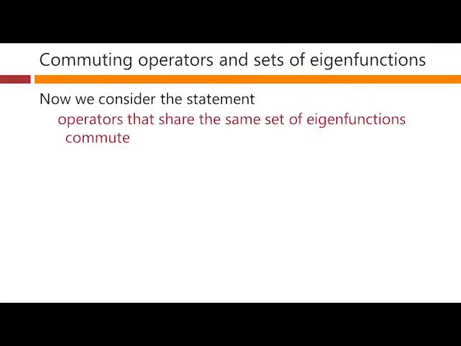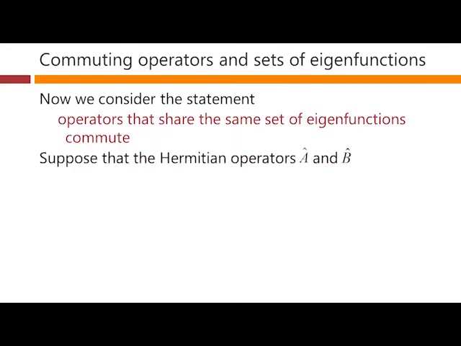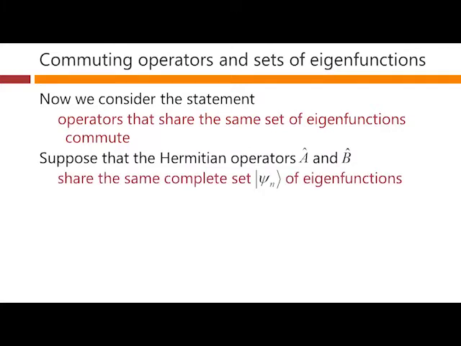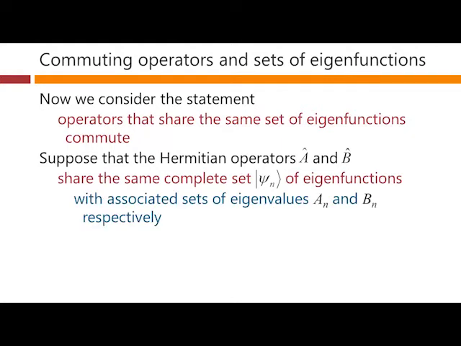Now consider the statement, operators that share the same set of eigenfunctions commute. Suppose that our Hermitian operators, A and B, share the same complete set, psi n, of eigenfunctions. And they will have associated eigenvalues an for the case of the A operator and bn for the case of the B operator.